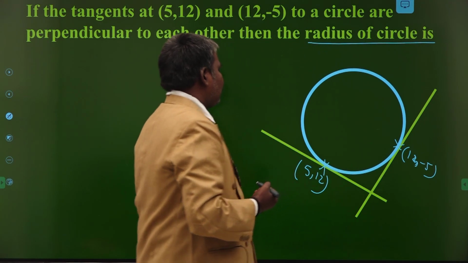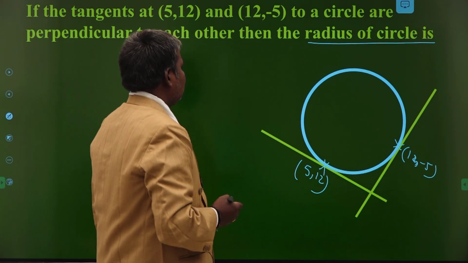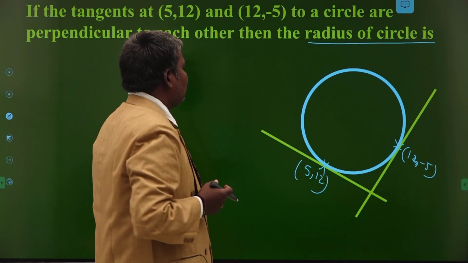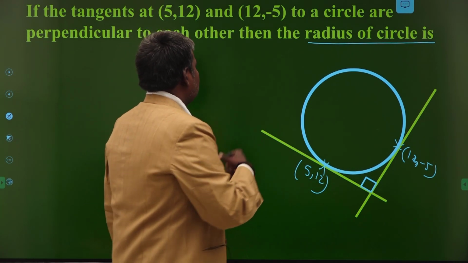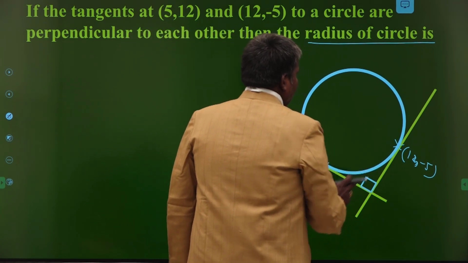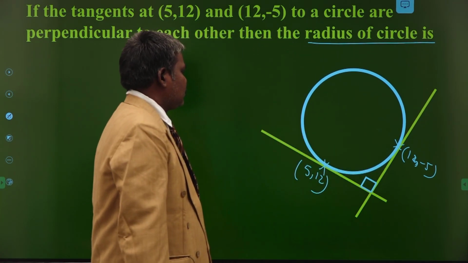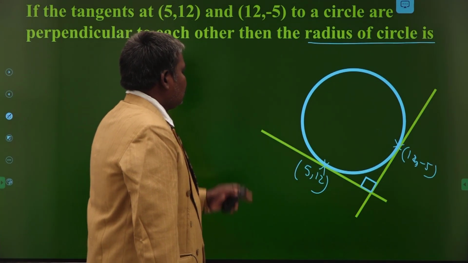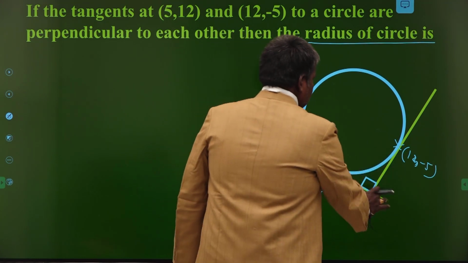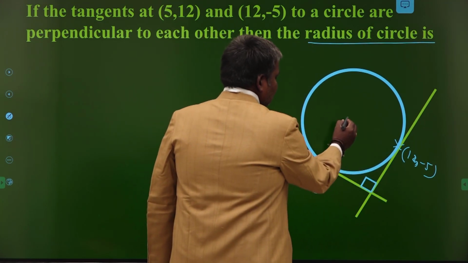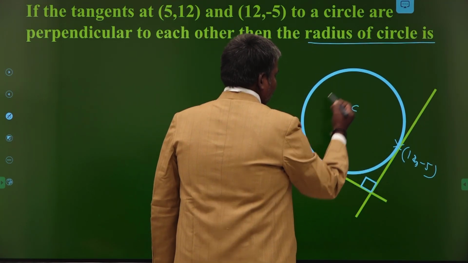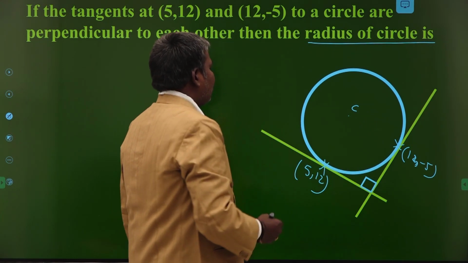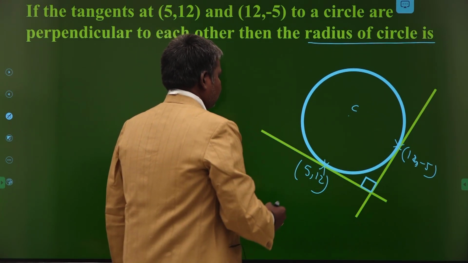We have to find the radius of the circle. Because the lines are perpendicular, the angle between them is 90 degrees. Understand? These are the points of contact. This is the angle 90 degrees. Here is the center. We have to find the radius of the circle now.